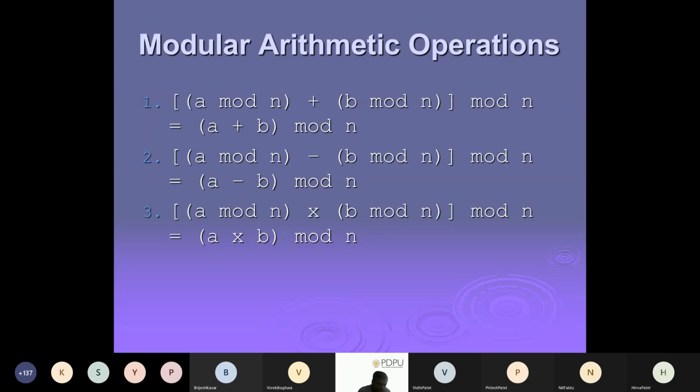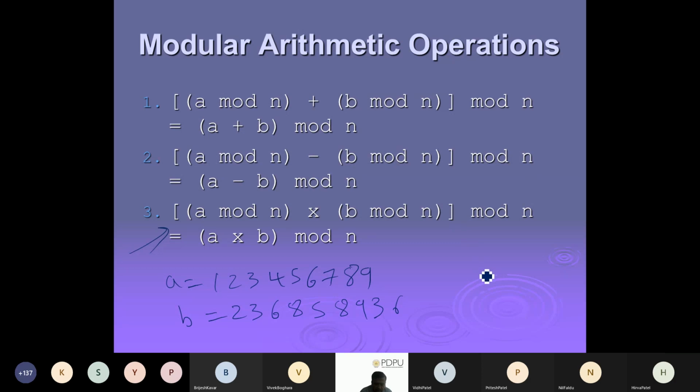Let me give you an example in general. For example, if I take a equal to 2, 3, 6, 8, 1, 8, 6, you can see this a and b.